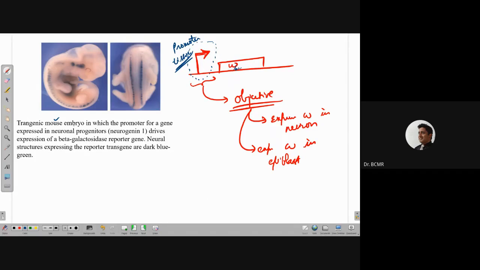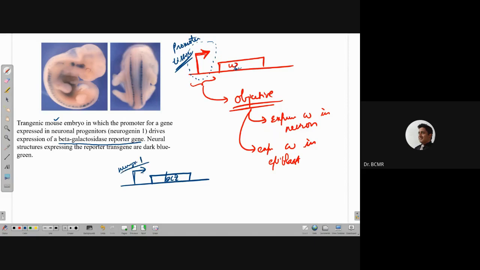Here, they have used a gene. Yeah, it is beta-galactosidase. That's right. In the result that is being shown here, they have used lacZ, and they have used the promoter of, okay, neurogenin 1.